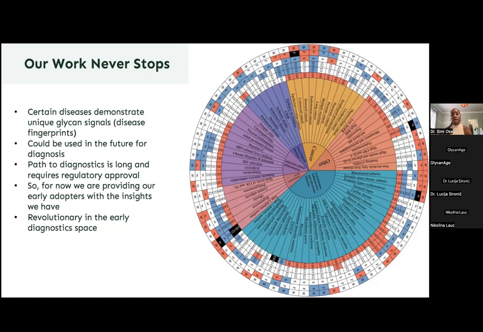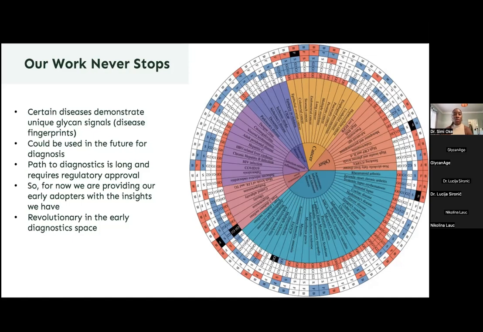In the future, this is something that could be used for diagnosis. But as I'm sure many of you are aware, the path to diagnostic testing is very, very long. And like with any research, if you have something that could be valuable and beneficial to patients, you don't hide it and hold it. You give it out.